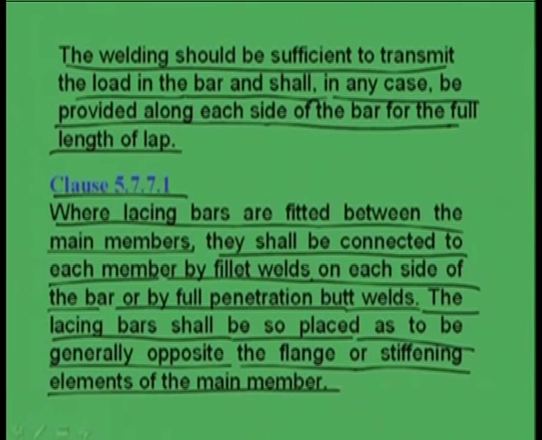If there is some confusion, I suggest you go through the codal provisions given in IS 800, clause 5.7, subclauses 5.7.1 to 5.7.8, which has to be known by the reader so that he or she can design properly.